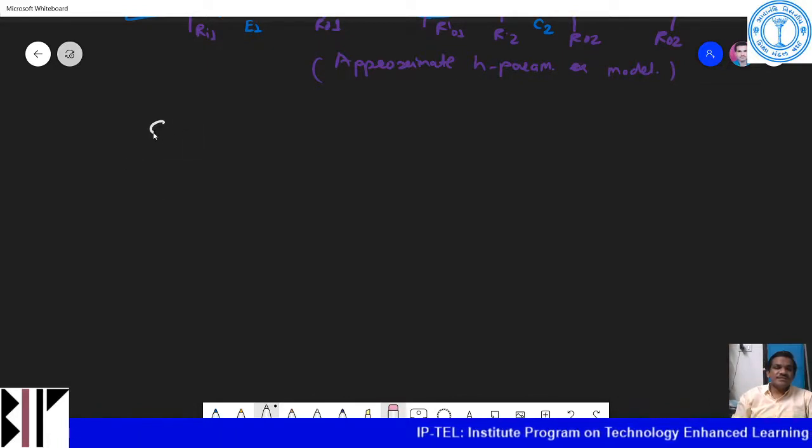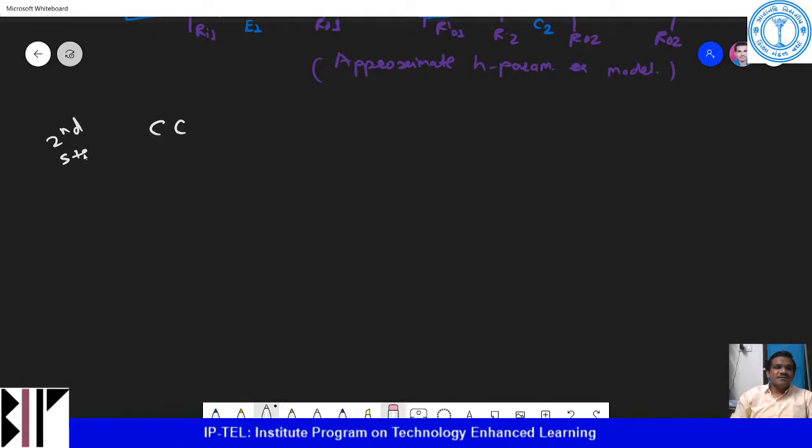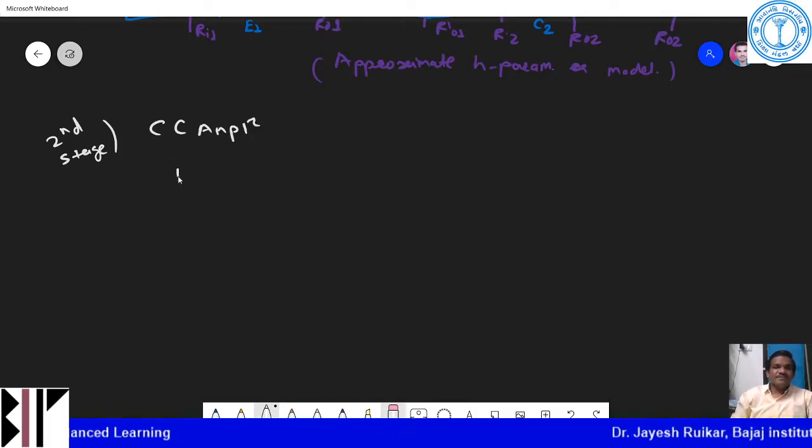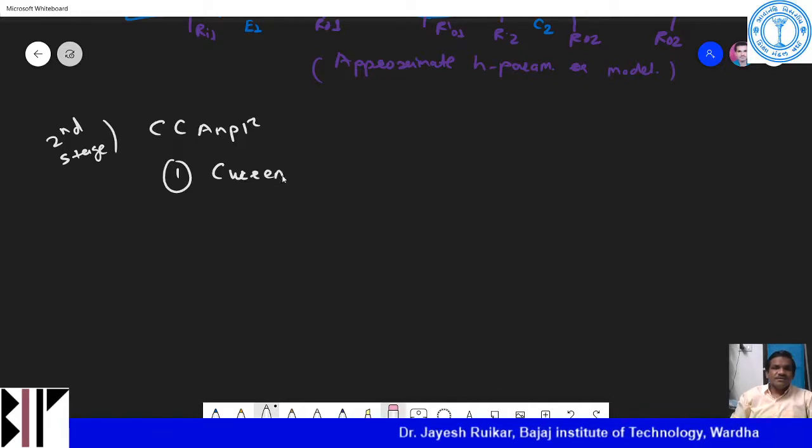So second stage is nothing but my CC, common collector amplifier. You need to find out the current gain first.